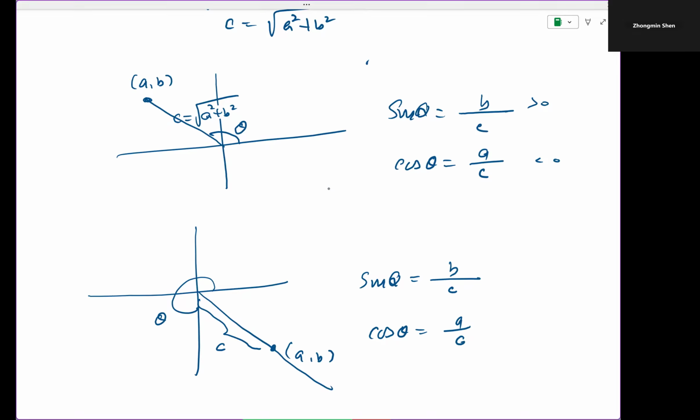Positive, negative? Yeah, negative in this case. And cosine is going to be positive because A is positive.